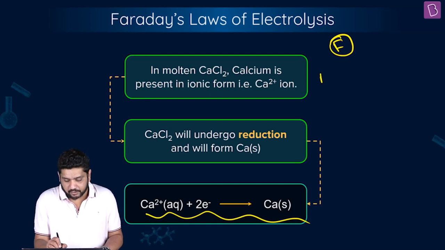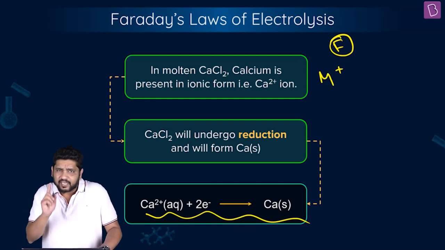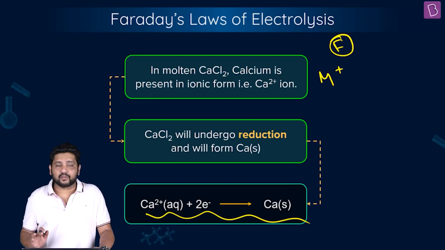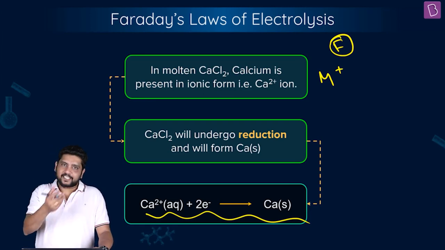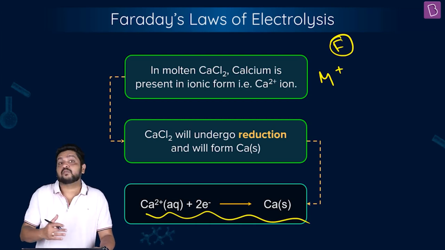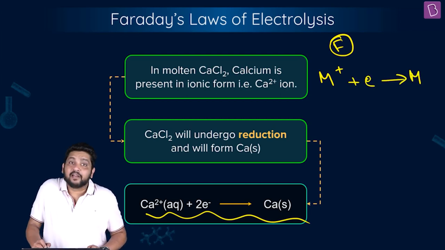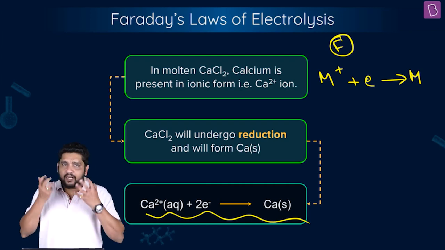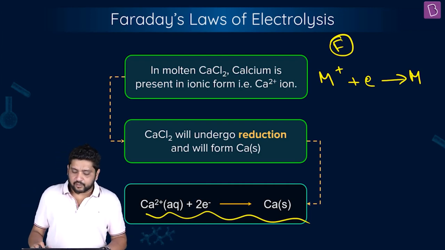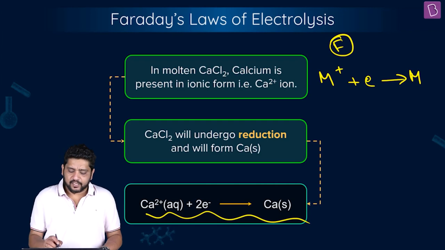Any M+, I'm just considering M+ a monopositive cation for the time being. We will speak about other cations and other charges soon. But general idea, to understand the basics, this should be sufficient. So M+ and an electron converted to M, let's say. This is the reduction, right? Absorption of electron, so gain of electrons is reduction. So here M+ is taking up 1 electron.